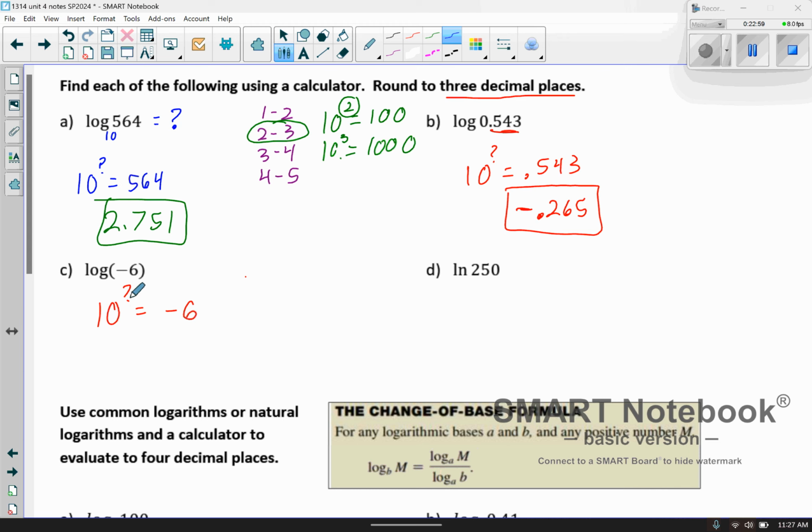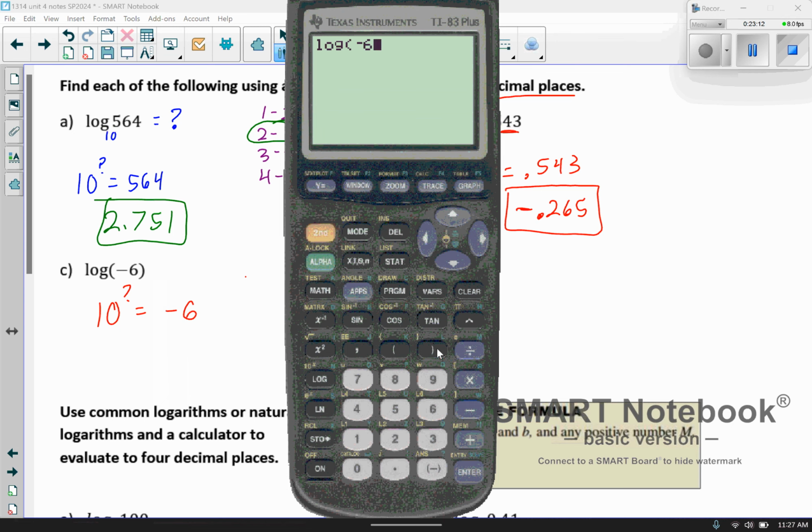If I do a decimal, that doesn't make it negative either. So this is actually impossible. And I'm going to go ahead and put it in the calculator so you can see what it says. So let's see, log of negative 6. Non-real. Okay, so we don't have an answer for this.